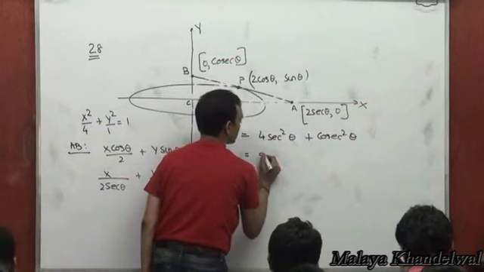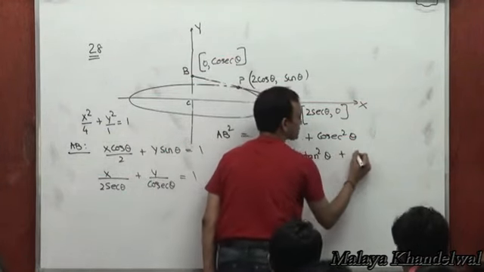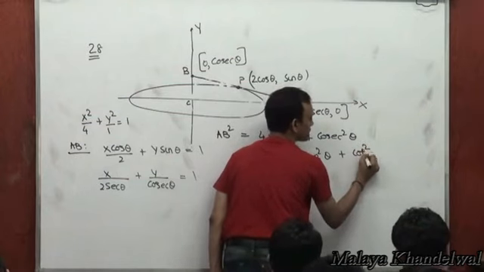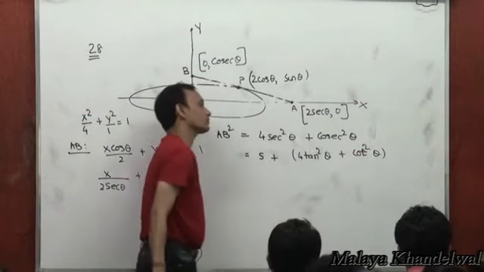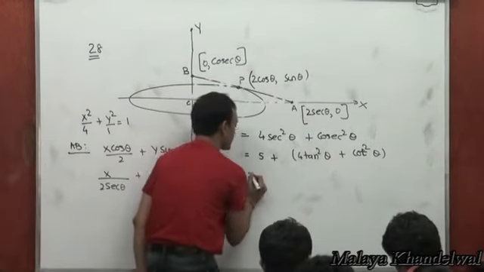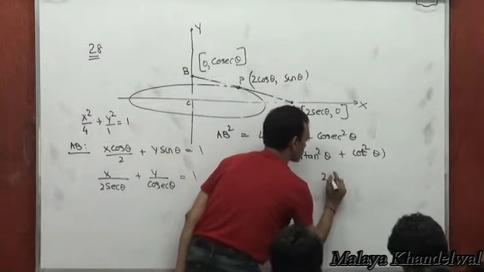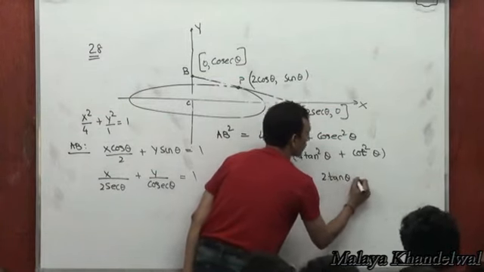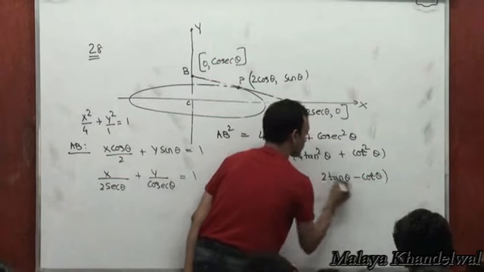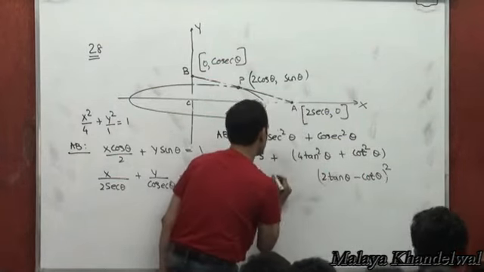So we have 5 plus 4 tan squared theta plus cot squared theta. Right? This I can write as (2 tan theta minus cot theta) whole squared plus 4 plus 4 plus 1, which means this will become 9.